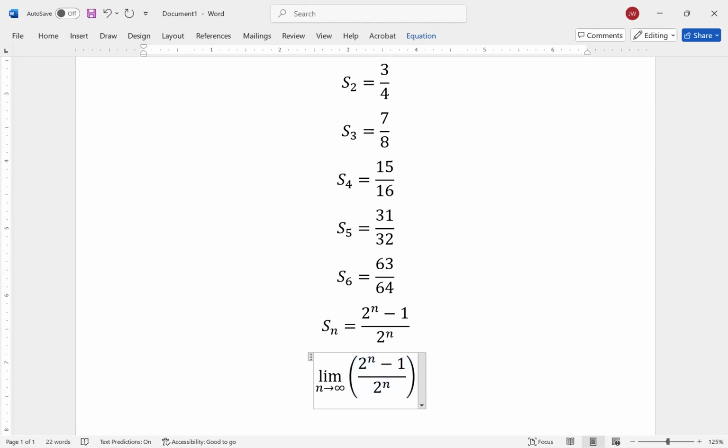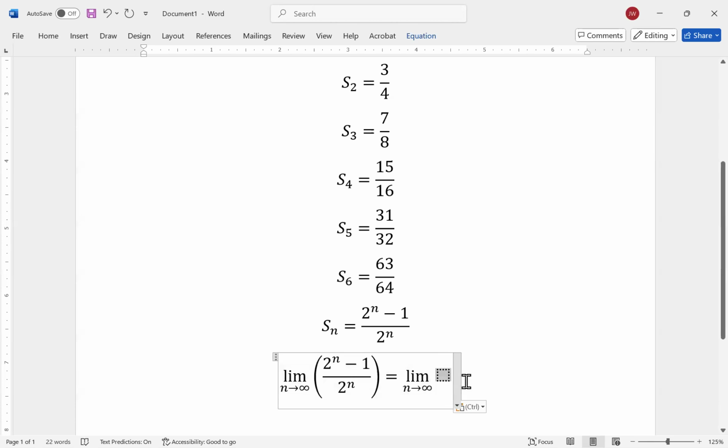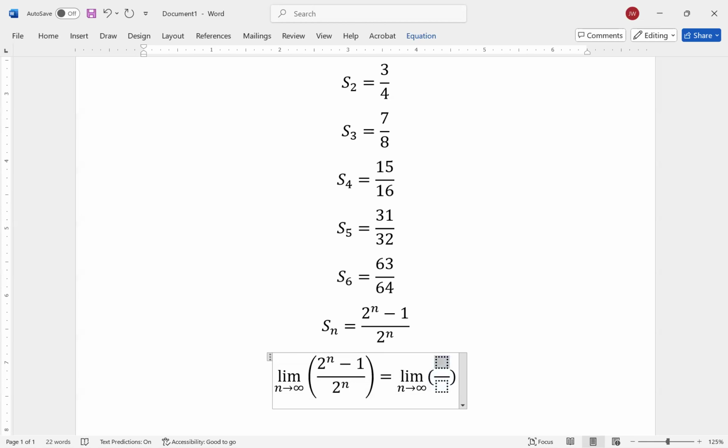If it's not obvious for you, then what you could do is say this is the indeterminate form infinity over infinity. So you could apply L'Hopital's rule if it's not super obvious. L'Hopital's rule would say the derivative of the top is 2 to the n times the natural log of 2.